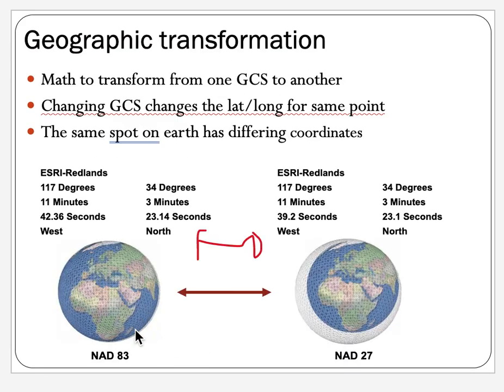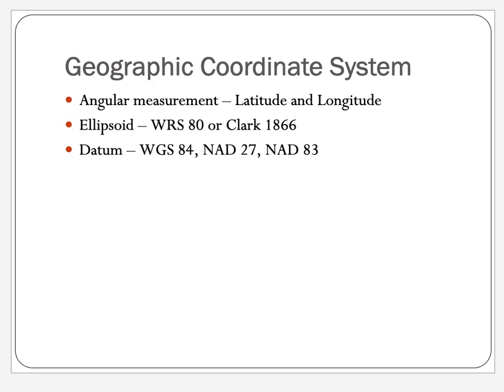And we already know that NAD 83 is a globally referenced ellipsoid, while NAD 27 is a local referenced ellipsoid. So as a recap, angular measurements are our latitude and longitude. Examples of ellipsoids are GRS 80 or Clarke 1866. And examples of datums are WGS 84, NAD 27, and NAD 83.